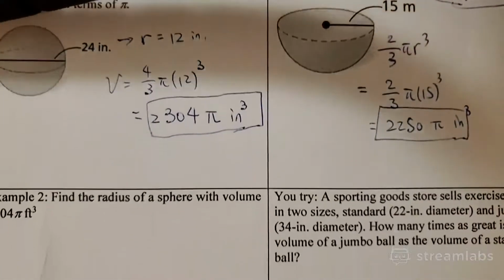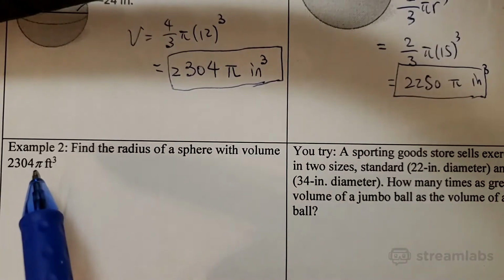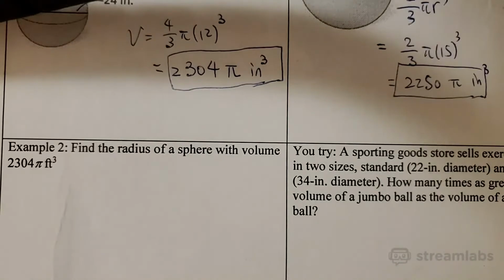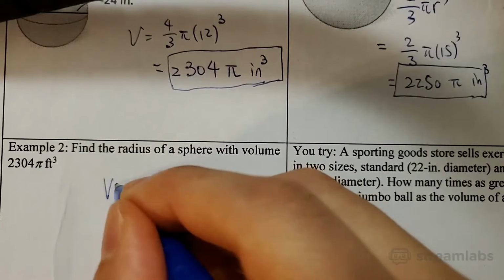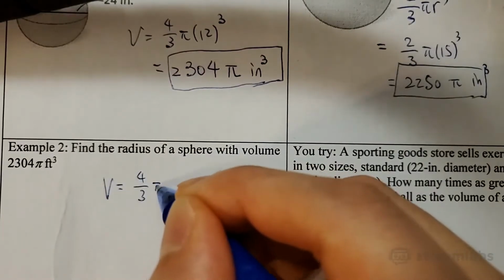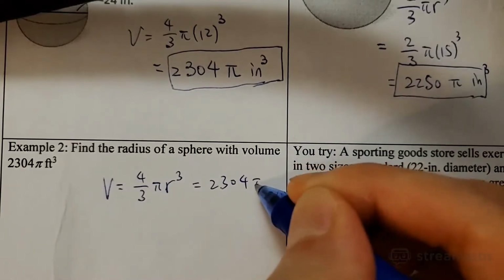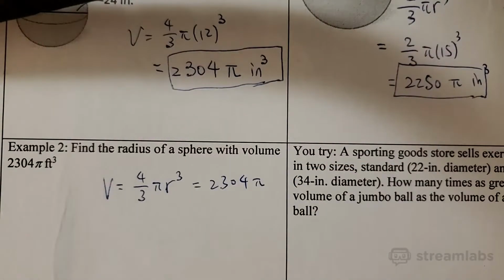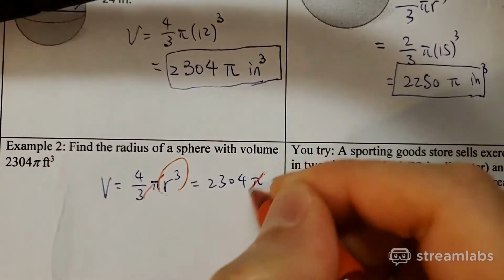All right, example 2. Find the radius of a sphere with the volume. Doesn't this look kind of familiar? We just did this one. Under normal circumstances, okay, this is a sphere, so I know it's 4/3 pi r cubed, and I know that the answer is supposed to be this. So you gotta solve for r. First of all, you can divide by pi both sides, so pi can cancel.